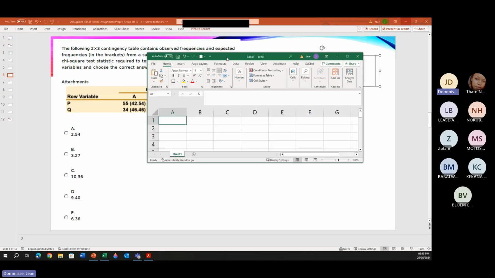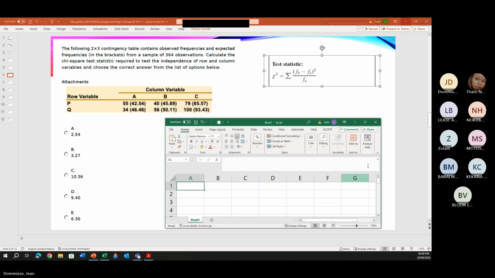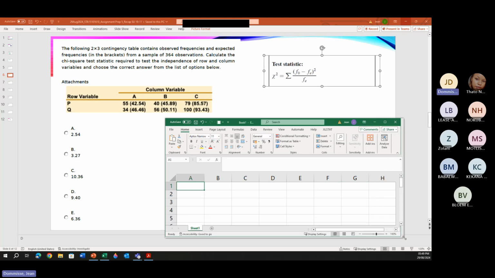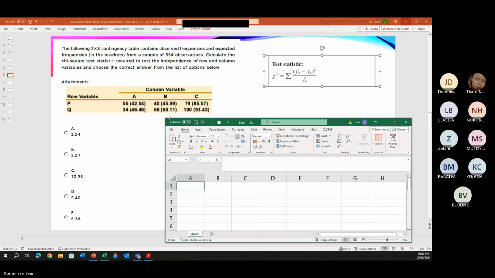You can much more easily do this in the exam by just typing in the numbers so that you can work it out. Let's quickly do that.